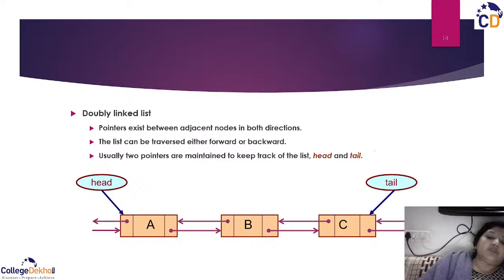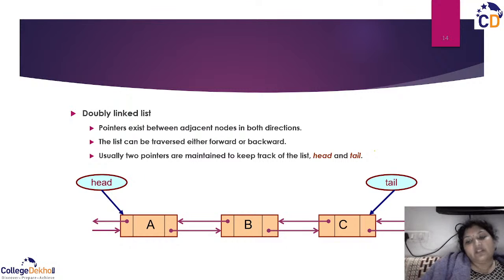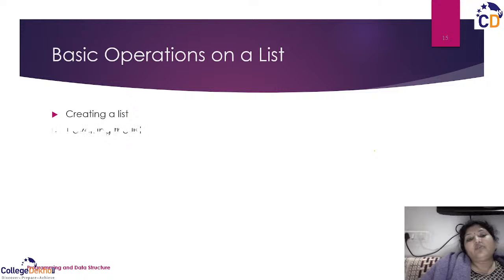The first part of the node represents the address of the previous element, and the last part of the node represents the pointer to the next element. So this is how it is connected. You have the first element, that is head, and the last element, that is tail, right? So we use two pointers in a doubly linked list, head and tail. So these are the types of linked list.